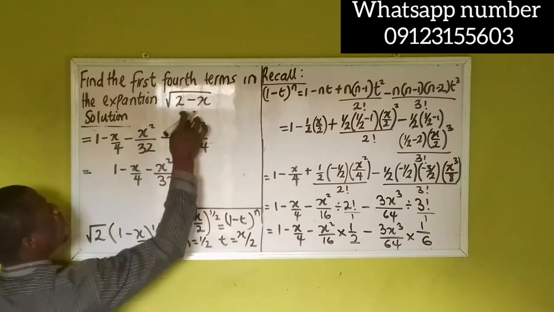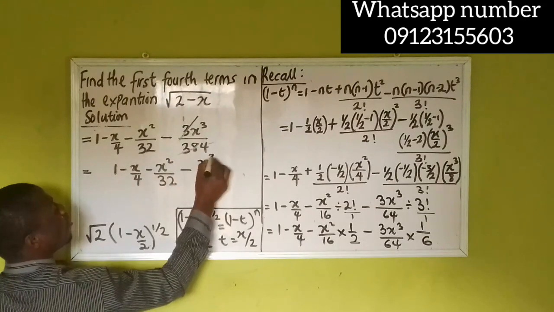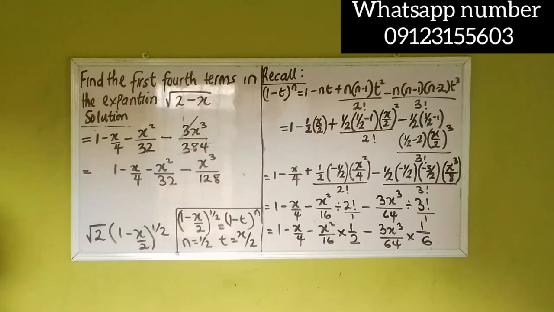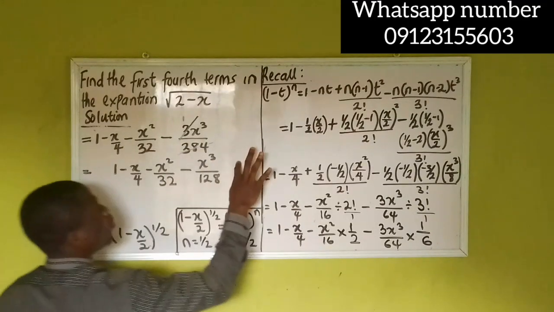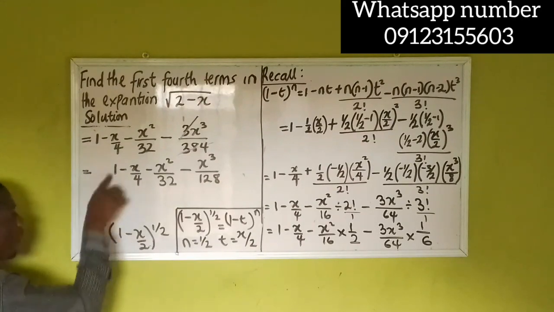Alright, that becomes, instead of 1, just put x cubed over 1, 2, 8. Note something, please. This is our expansion, right? When we expand this term, only this term, this is our answer.